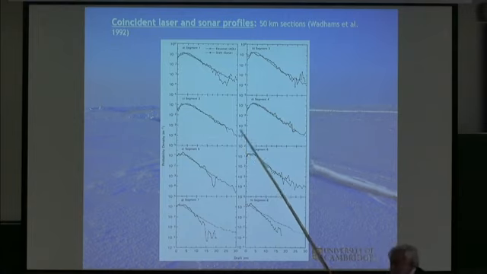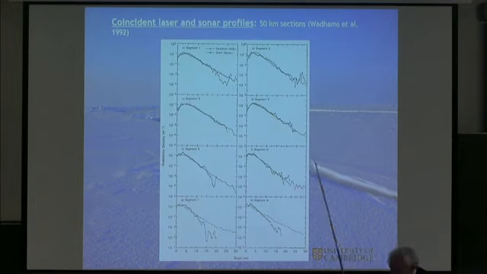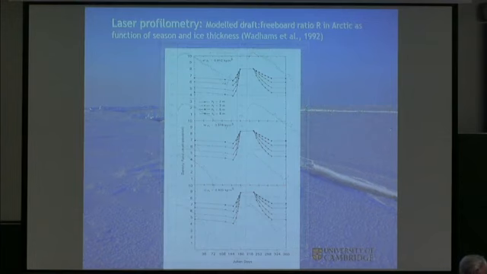This is an old experiment with an ordinary laser flying over and the submarine going under. You can see the probability density functions of ice thickness match pretty well, but if you multiply the freeboard by about 7 to get to the draft, the trouble is that 7 is not a magic number because it varies with time of year.